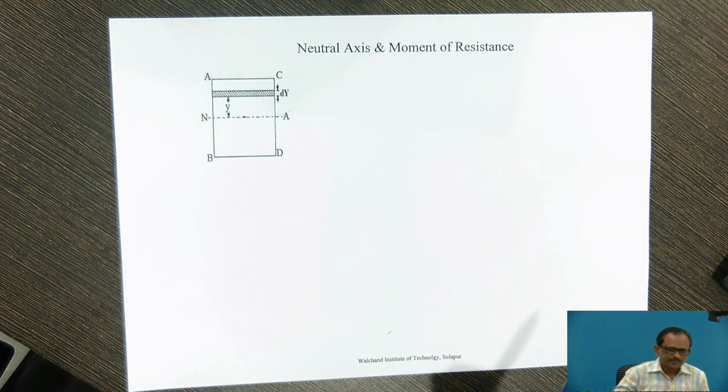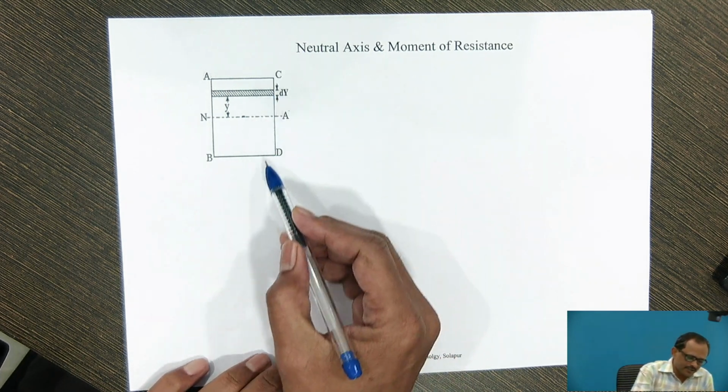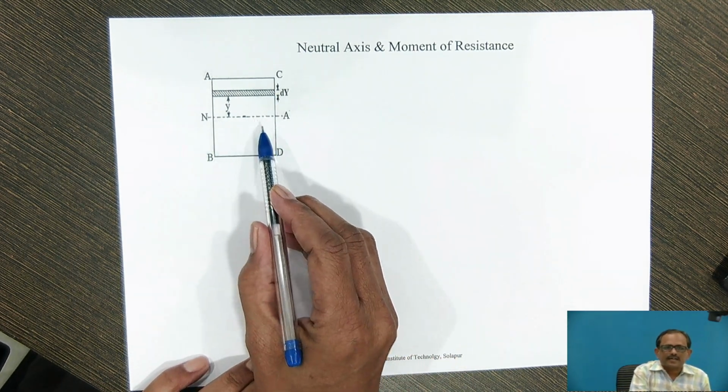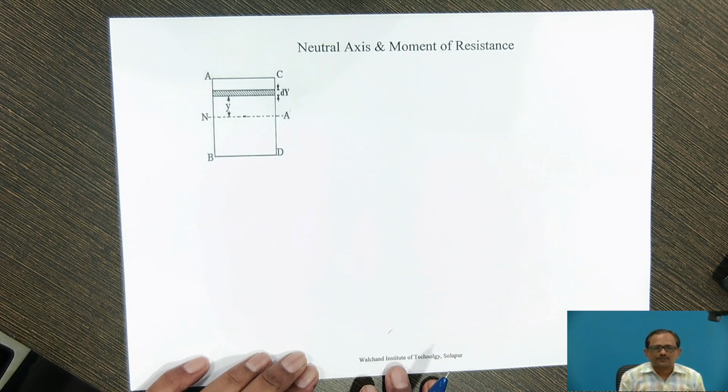So, as we know, when the section of the beam is subjected to pure sagging moment, the layers above the neutral axis are subjected to compressive stresses and the layers below the neutral axis are subjected to tensile stresses. In between the top and bottom layer of the section, there is one layer which is neither elongated nor shortened.